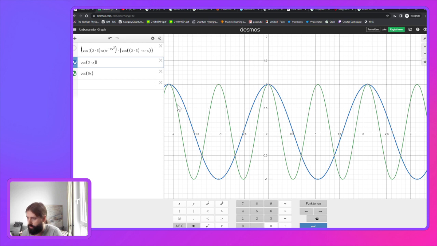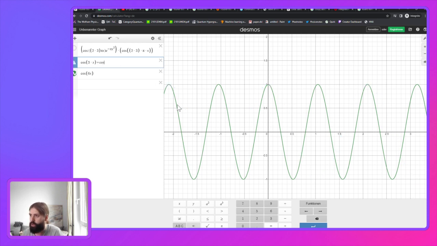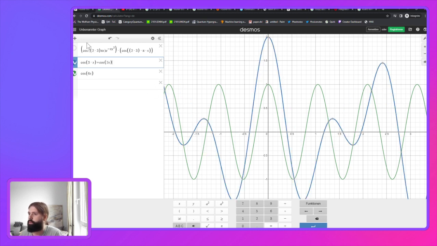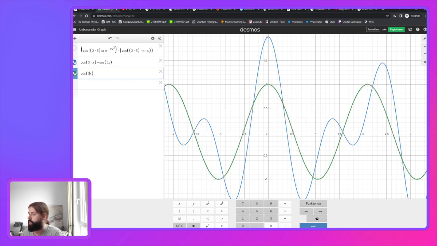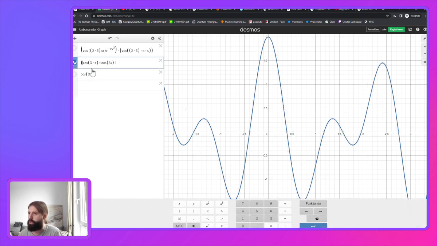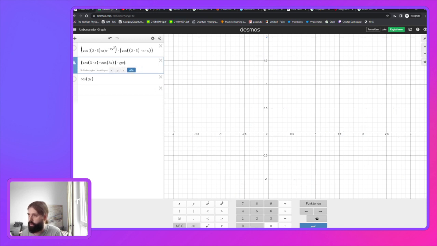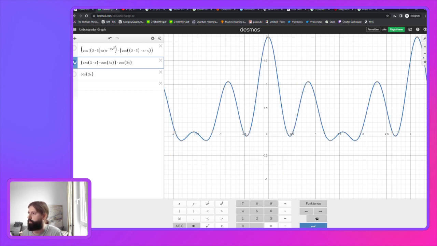I mean, what if you just say cosine of like 5x, right? So you have these. If you plot them together, it's this big thing here. And so now we're gonna multiply these by cosine 3x.